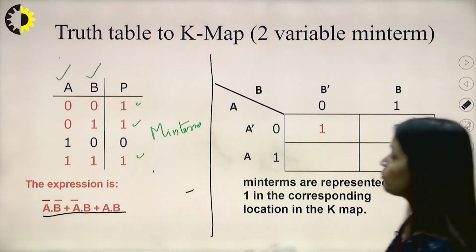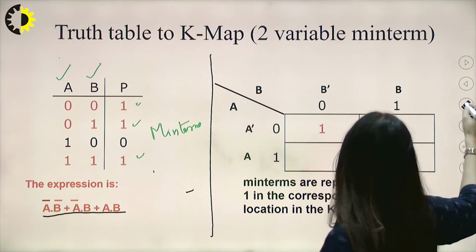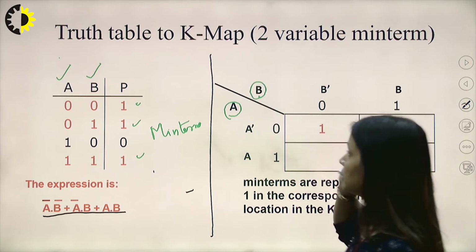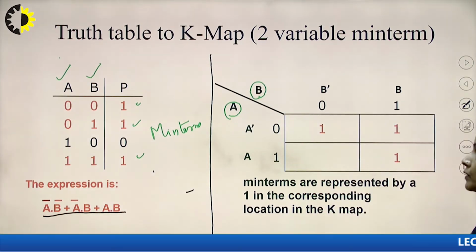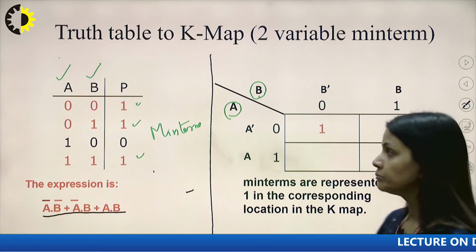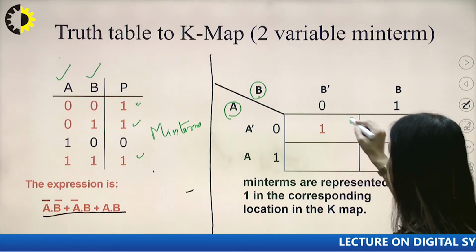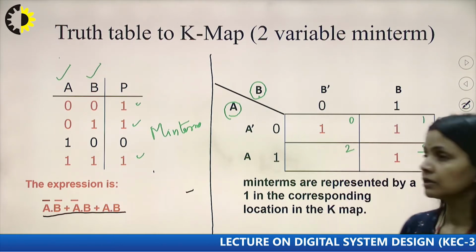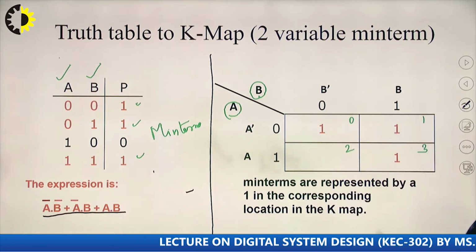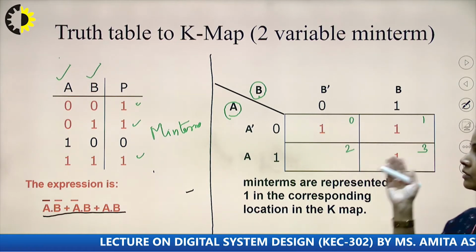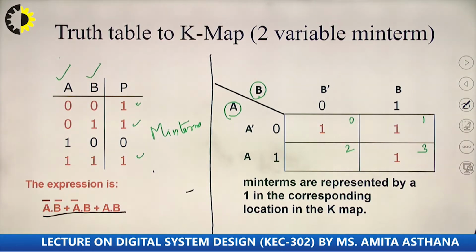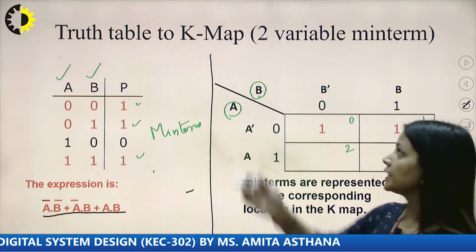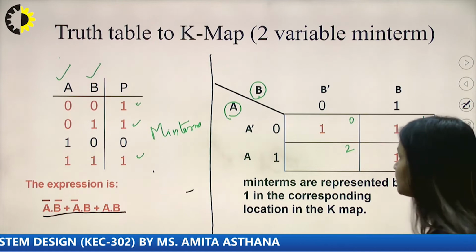So I have put A here and B here. Now if I am writing in this arrangement, then I will go for 0, 1, 2 and 3. Numbering will be in this way, 0, 1, 2, 3, if I am giving the first variable as vertical and the second as horizontal.